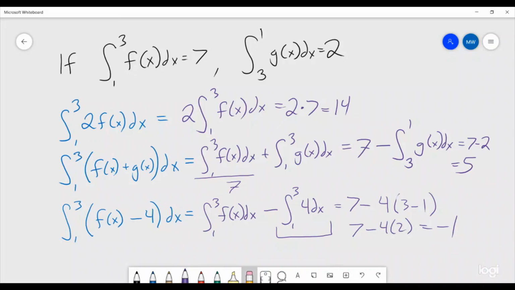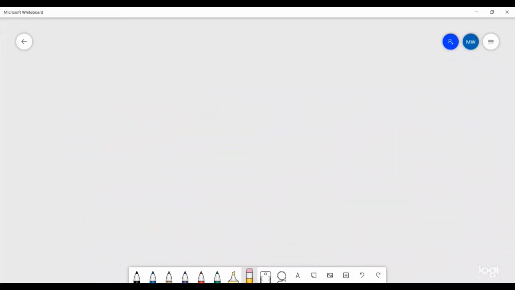We can also do a couple other things, such as using bounds. So let's say that we know that 2 is less than or equal to f of x is less than or equal to 5 everywhere.